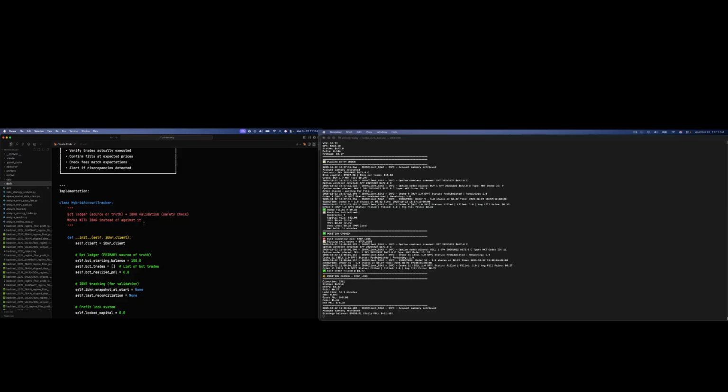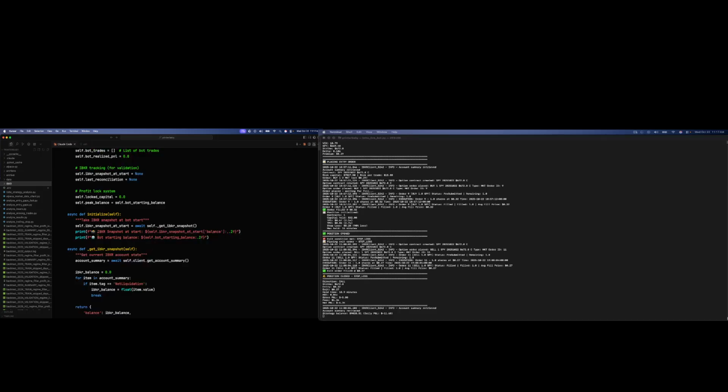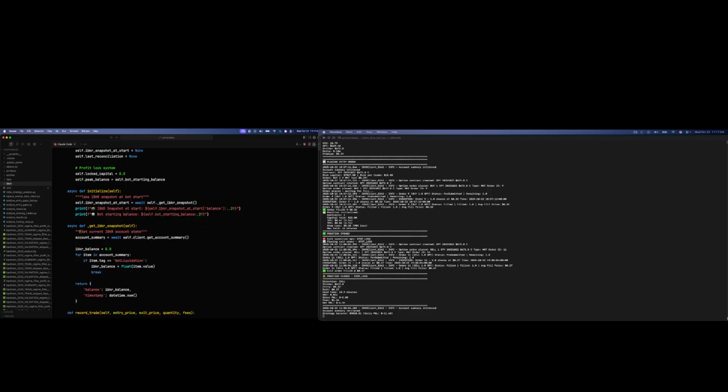Bot ledger is the source of truth plus IBKR validation, so it works with IBKR instead of against it. Take the IBKR snapshot at the bot start, and that snapshot equals the bot starting balance. And then we're going to get the current state.